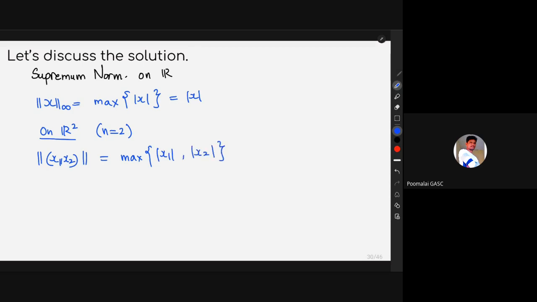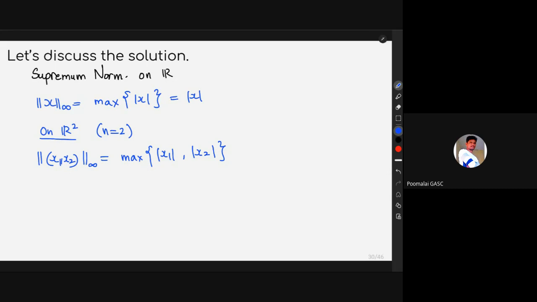Whatever the maximum is, that will be the norm of this vector. You can always think of the norm as the length of the vector, and this norm can be changed. If you change the norm, the length of the vector will change, but it will be with respect to this norm.